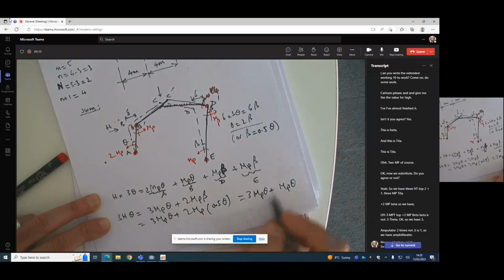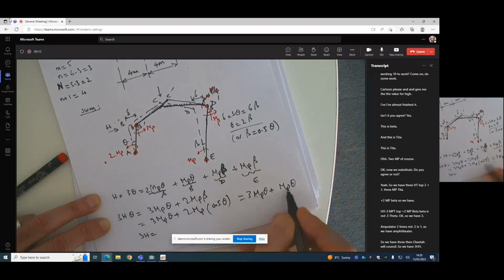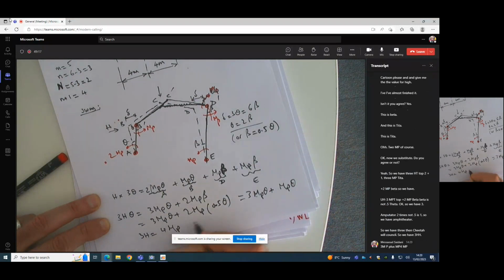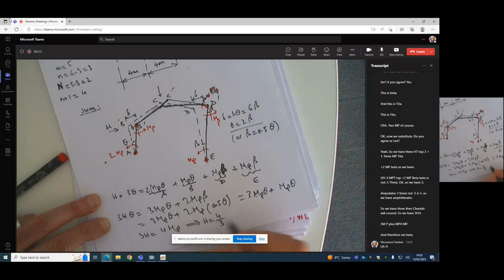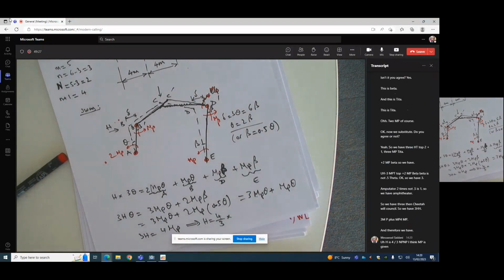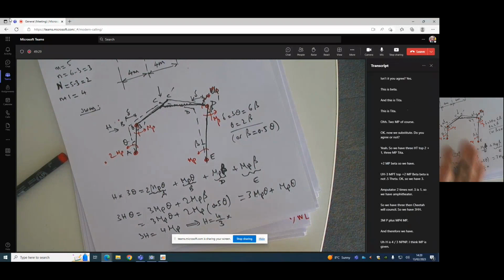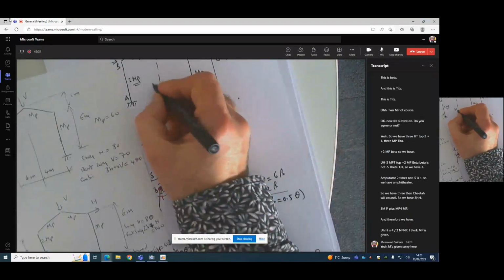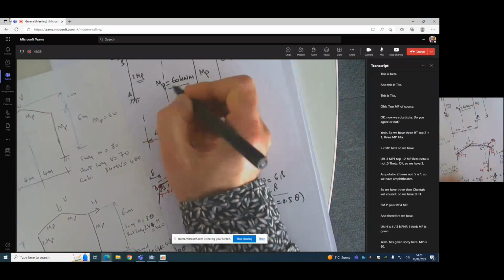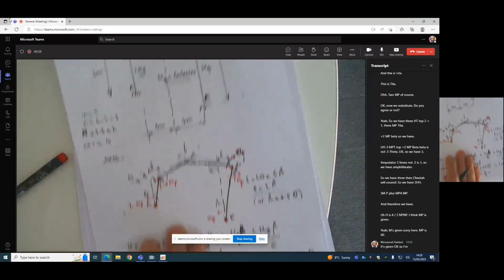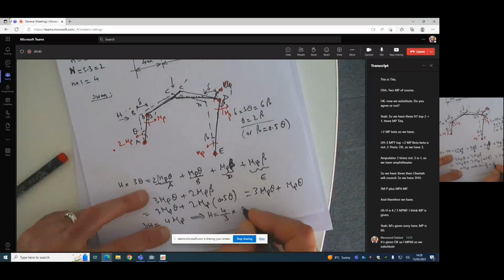Theta will cancel. So we have 3H equals 3 MP plus MP, which is 4 MP. And therefore, H is 4 over 3 MP. MP is given, sorry, here. MP is 60. It's given, okay? So we substitute MP here.